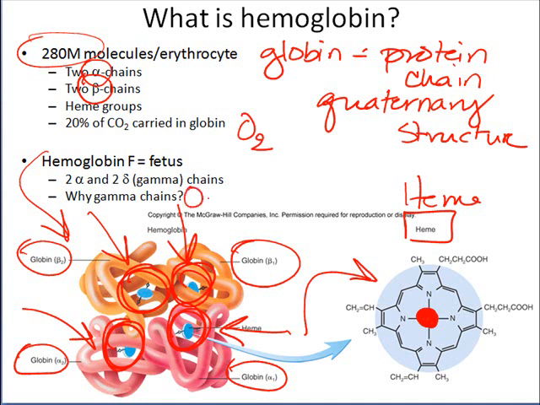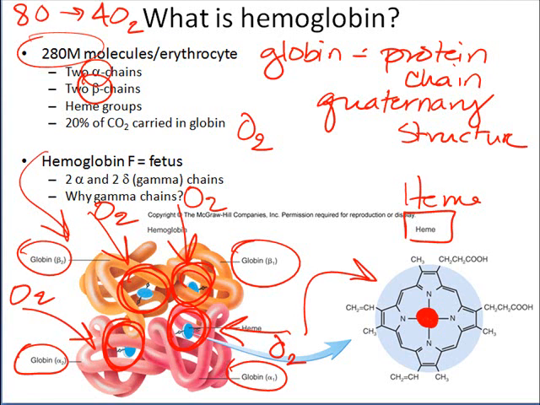So if I have 1 O2 molecule attached at each of these positions, that means that a single molecule of hemoglobin has the ability to carry a maximum of 8 oxygen atoms, or the equivalent of 4 oxygen molecules. Okay, 8 oxygen atoms or 4 oxygen molecules.